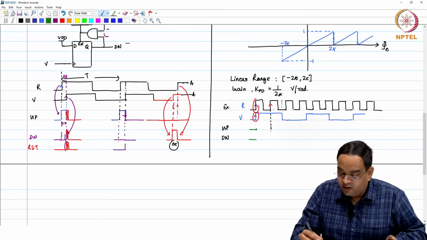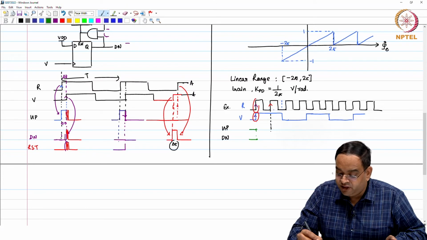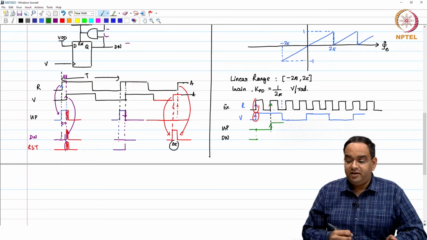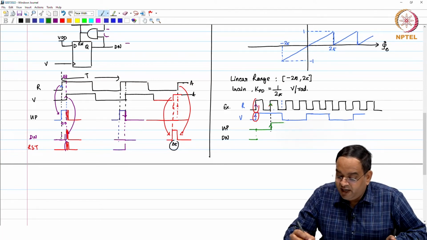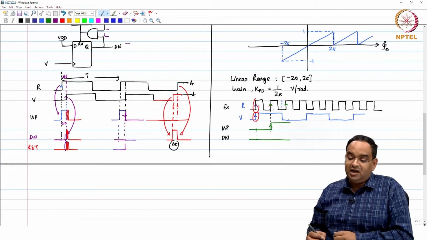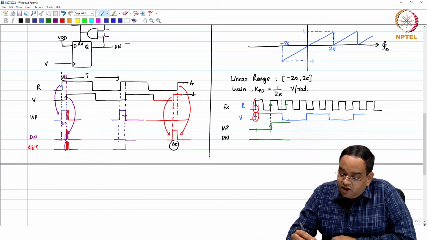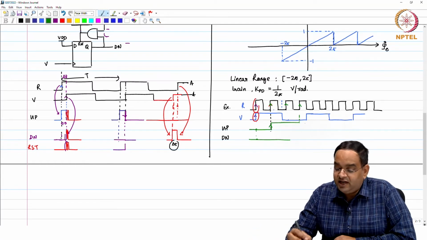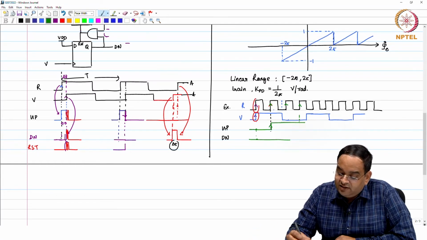Then as soon as you get a rising edge on R, up goes high, and you do not have a rising edge on V yet. So, your up will be maintained, down will stay 0. Then you get another rising edge on R. Even if you get another rising edge on R, it does not make any difference. Your up still remains high. You get another rising edge, still remains high, and then you get a rising edge on V.